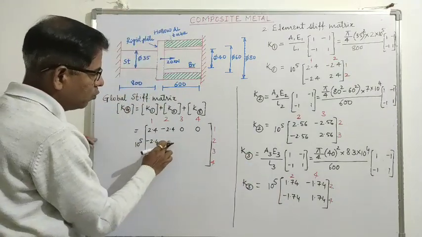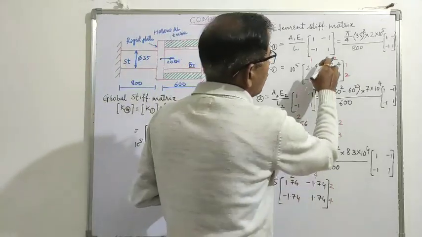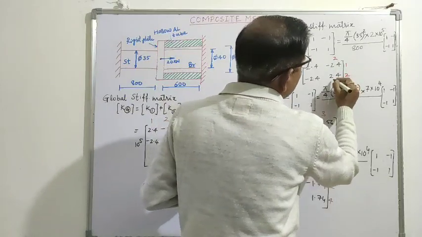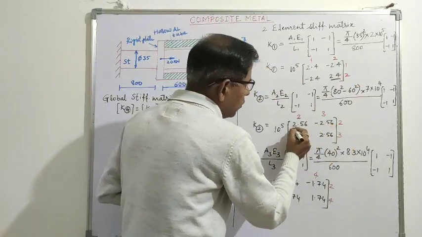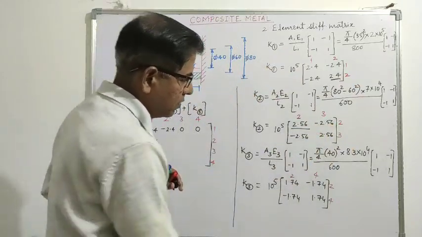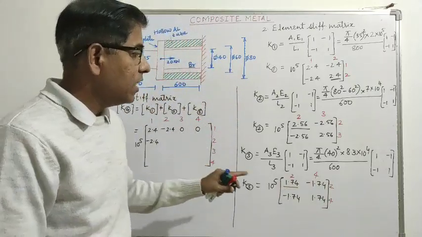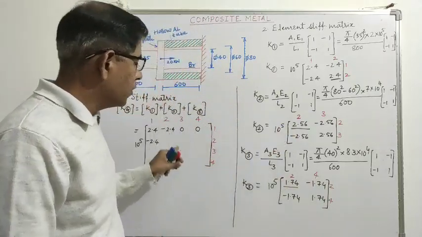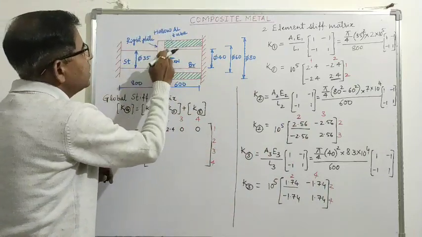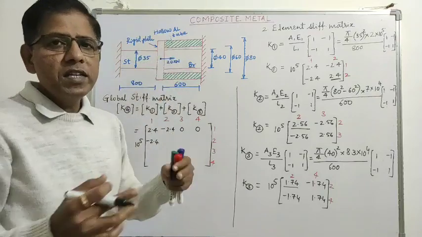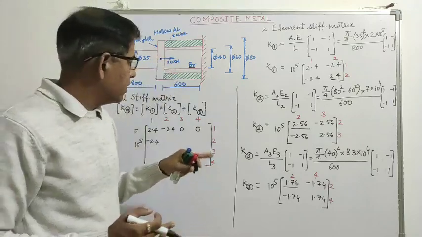Now row 2, column 2. Here row 2, column 2 is 2.4, then 2.56, then 1.74. So there are three values at row 2, column 2, because steel, aluminium and brass are all three connected at node number 2.